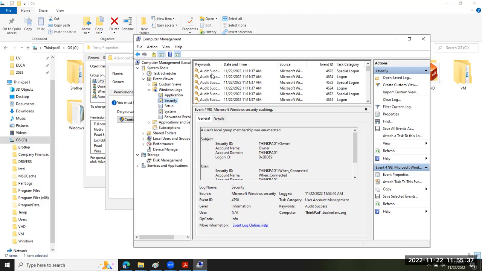So the first part of the process is to enable auditing for a specific type of event or action in terms of the operating system.